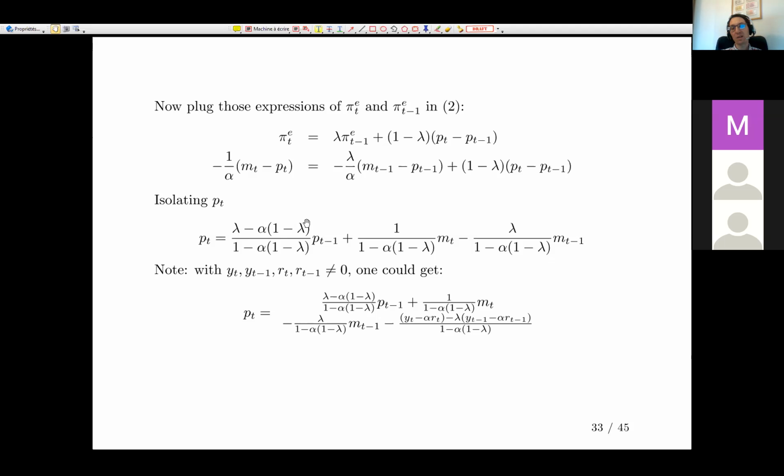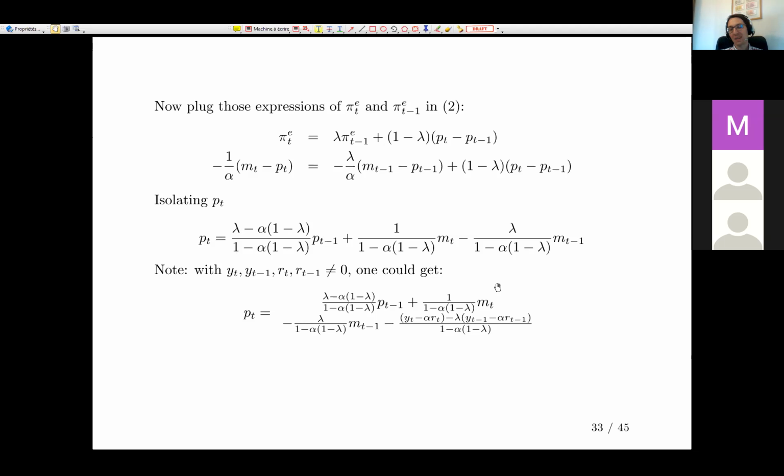If the whole fraction was larger than 1, it would be because alpha is very large, and then 1 minus alpha times 1 minus lambda is negative, which would give me something even more negative here. So I would have a larger than 1 coefficient. That's how I could get this crazy amount of inflation that goes on its own without a following increase in money supply.